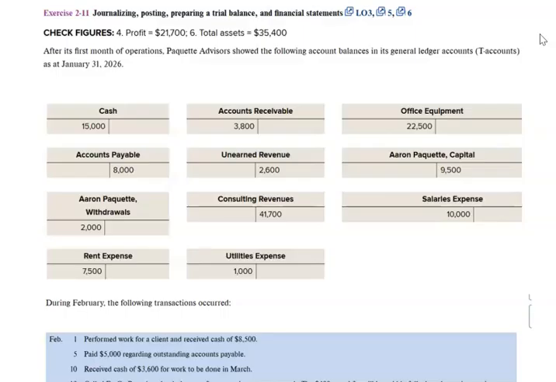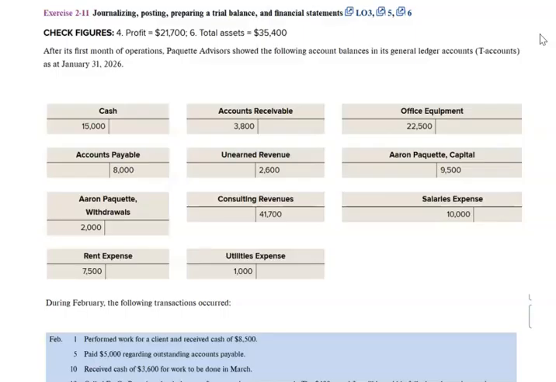So in this exercise, it covers all the steps that we have discussed so far. It discussed having a look at the transaction, analyzing it, figuring out what's going on. We need to journalize it. Then we need to take from the journal entries and post it into the T accounts.